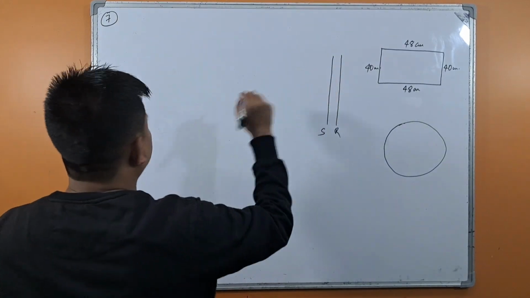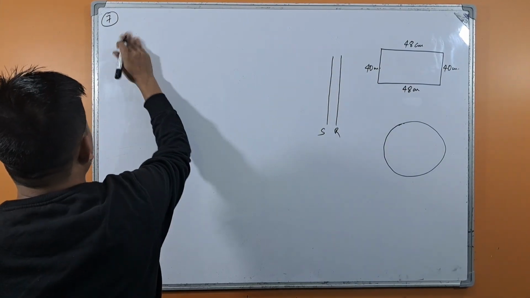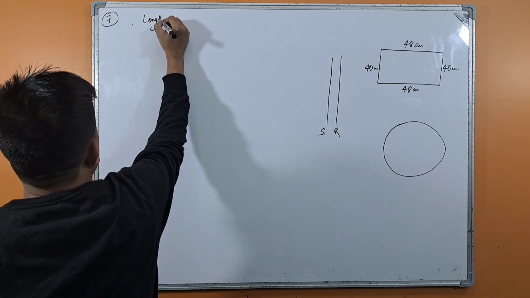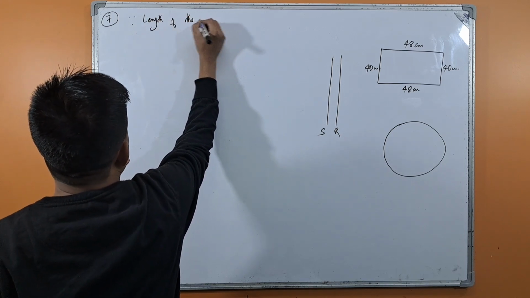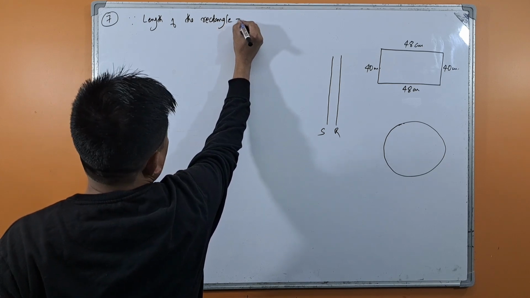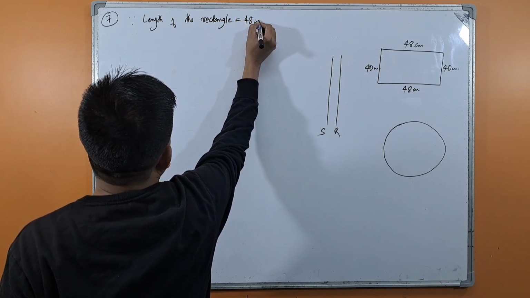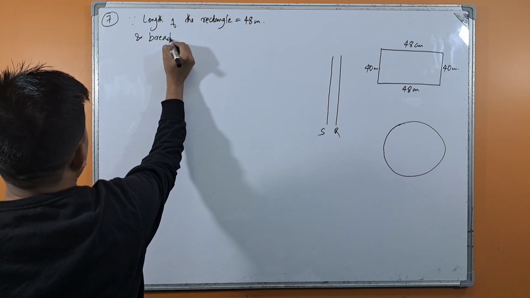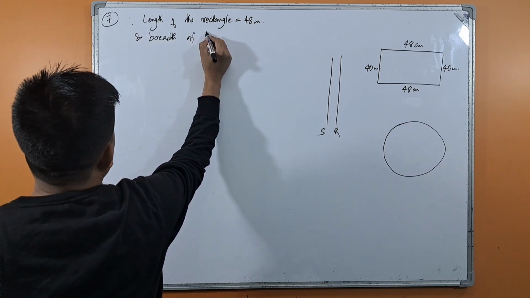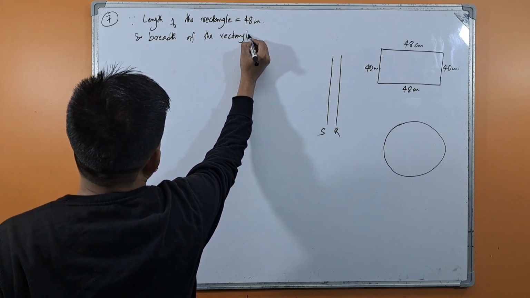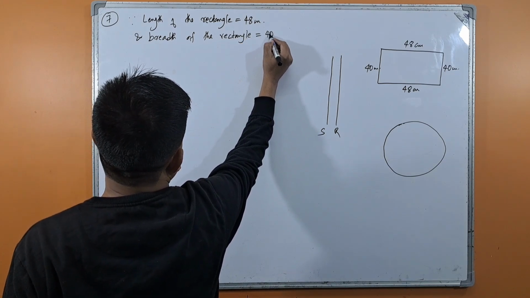Let us write the perimeter of the rectangle made by Sumit, okay? Since the length of the rectangle is given 48 centimeter and breadth of the rectangle is given 40 centimeter, isn't it?